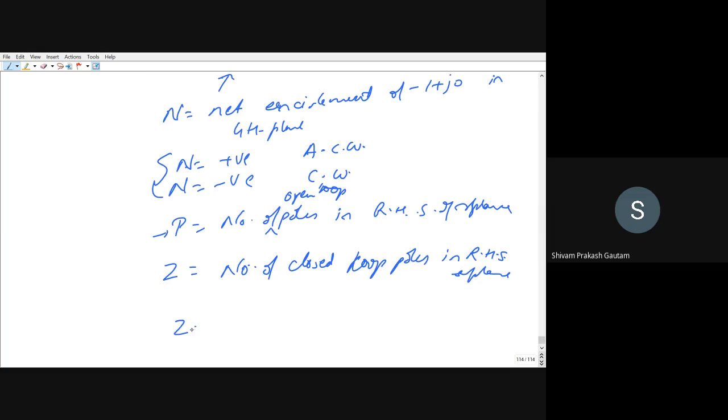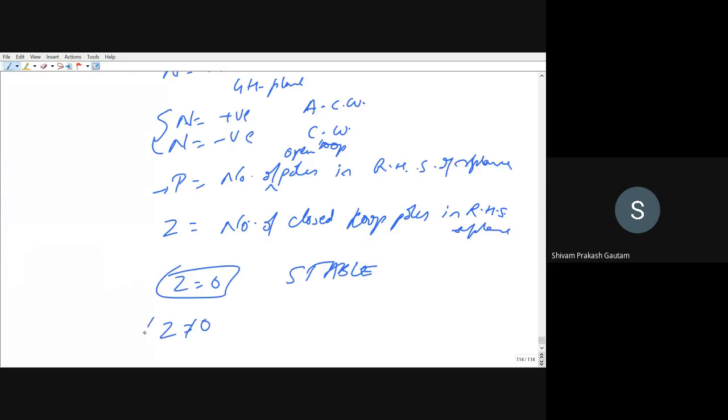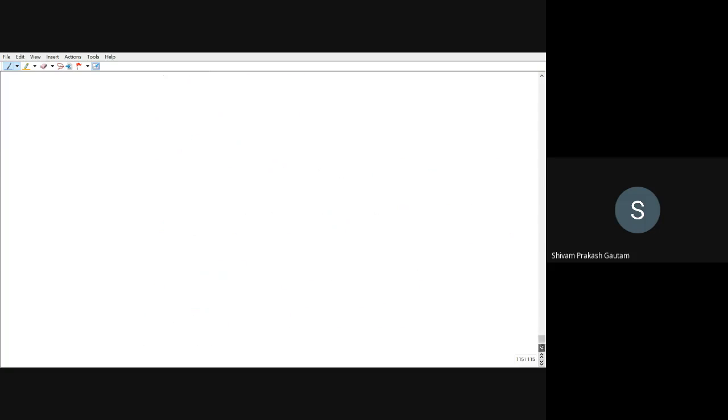So if Z is equal to 0, that means there are no poles in the right hand side of S plane. In this case, the system will be stable. If Z is not equal to 0, that means the system is unstable. Any doubt till this point? No, sir. Okay.